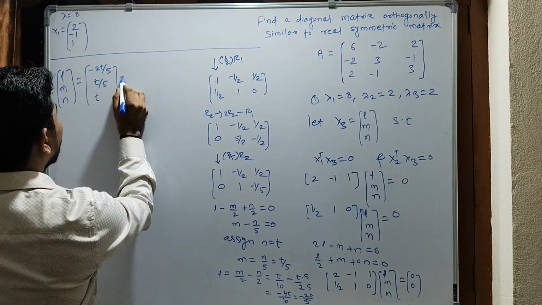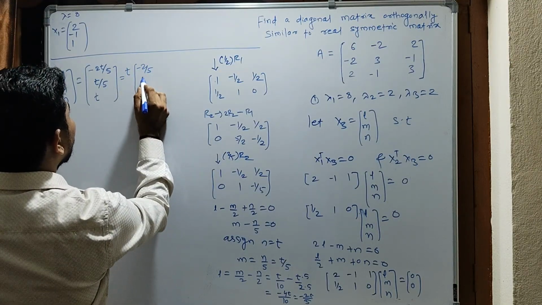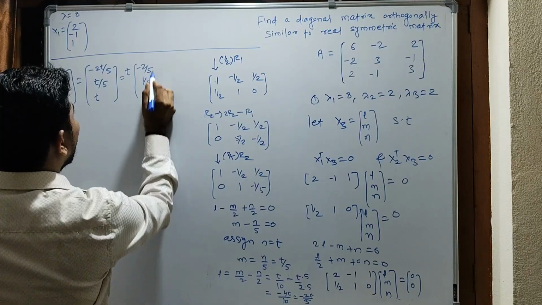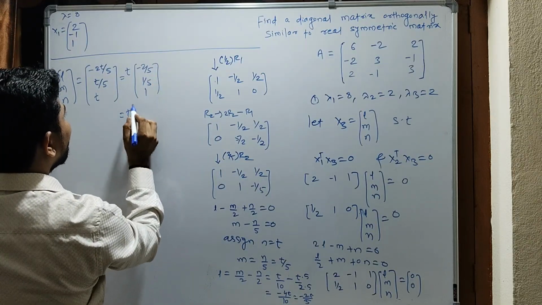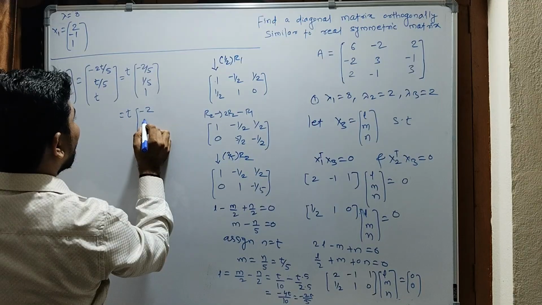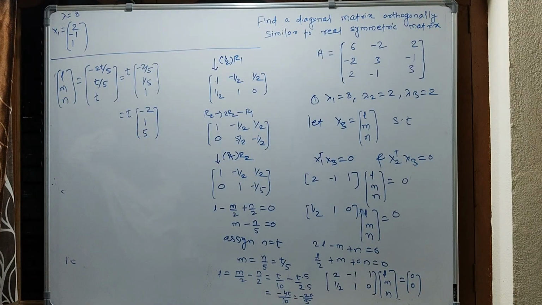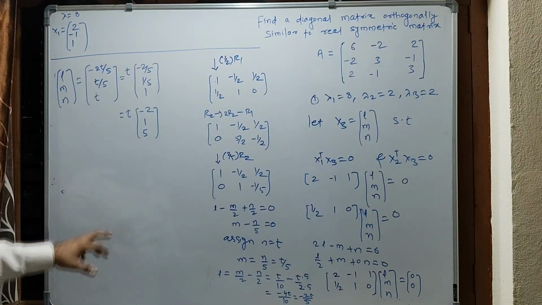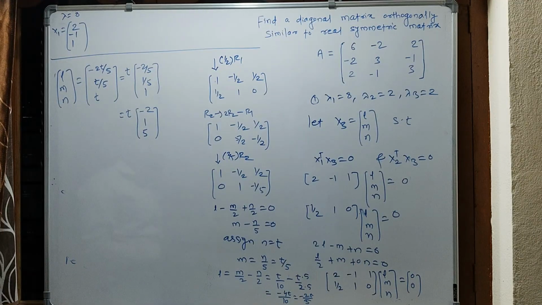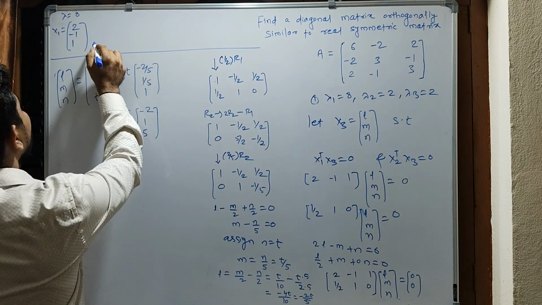So which is equal to, here I am writing t as common, here minus 2 by 5, 1 by 5, 1. So here multiply by 5, so you will get minus 2, 1, and this is 5. Here this is the x3. Now you can check, this is my x3 which is mutually perpendicular to x1, x2. Now here this is my x1.